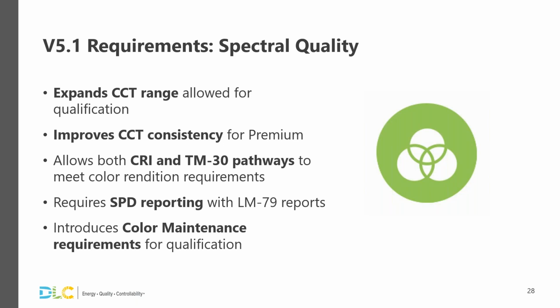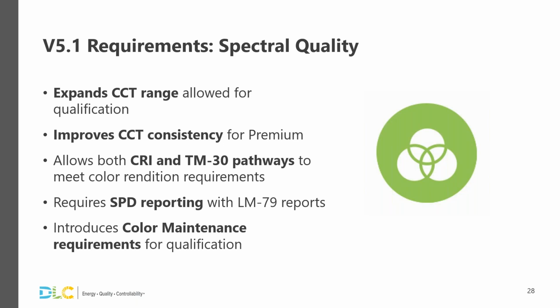In 5.1, we're introducing some spectral quality requirements specifically related to color characteristics of light to help address quality of light. Spectral quality describes a broad set of lighting properties that are calculated from the spectral power distribution, or SPD, of the emitted light, which includes metrics ranging from circadian effects to photobiological hazards and much more.